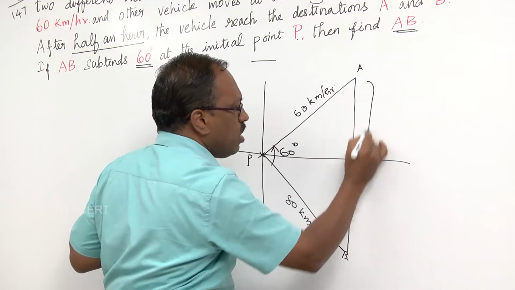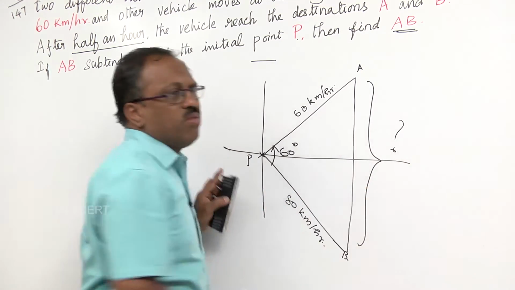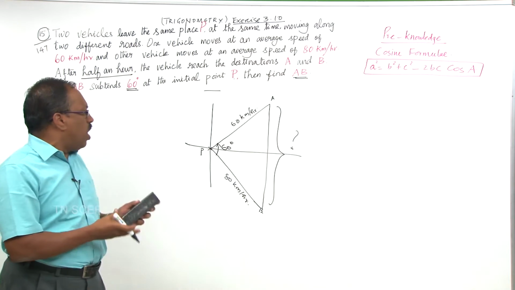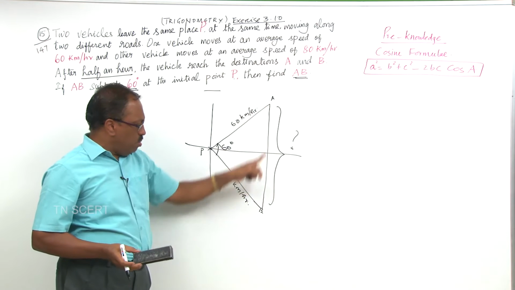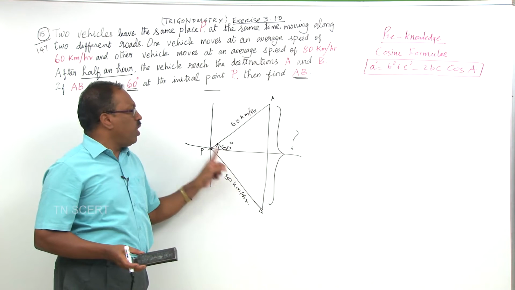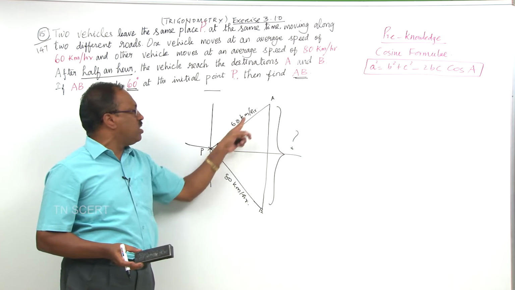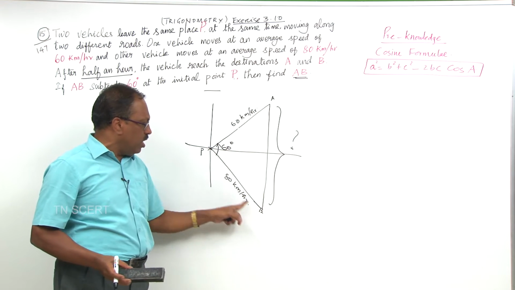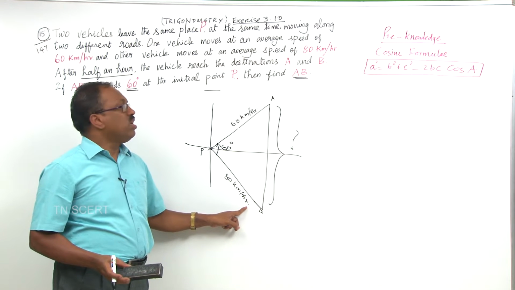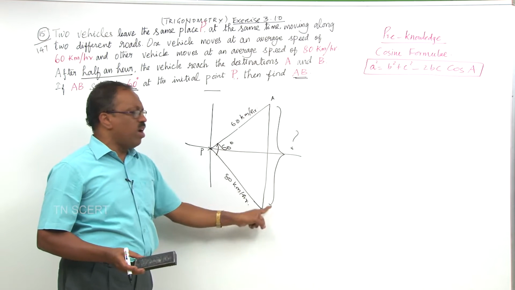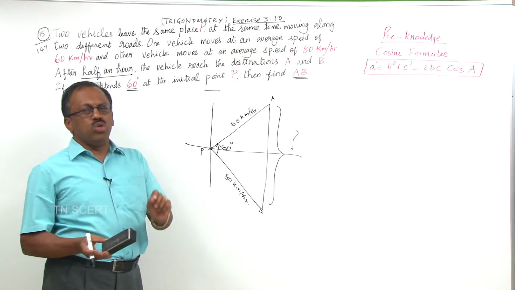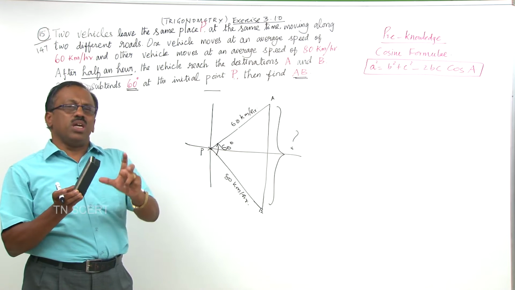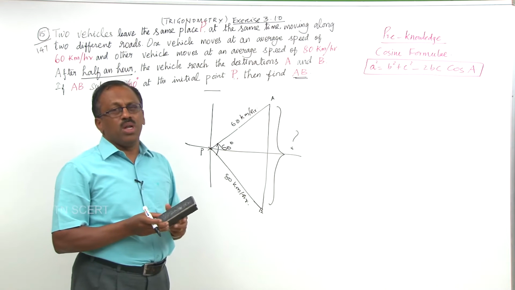So the question asked is: how much distance has been traveled? A is one point, B is another point. The vehicles are moving from P to A at 60 km/h and from P to B at 80 km/h. The question is to find the value of AB, for which you should have previous knowledge of the cosine formula.